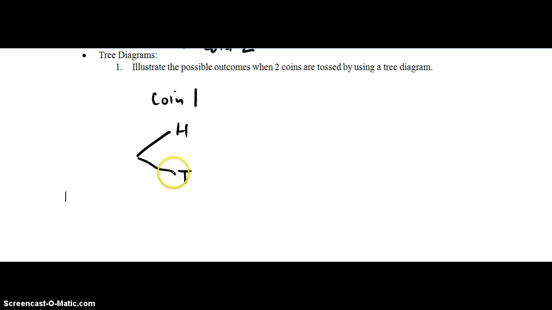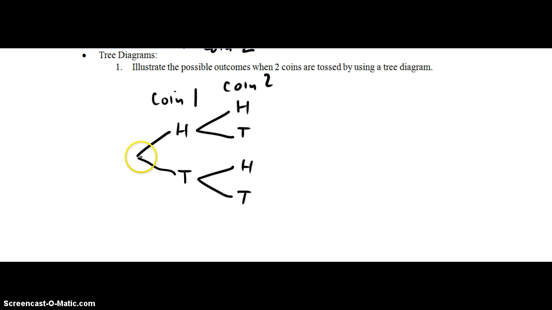You can see that there are 2 branches. So tree diagrams have these branches, okay? And then for coin 2, there are another 2 options. So coin 2 also could be heads or tails. Heads or tails.